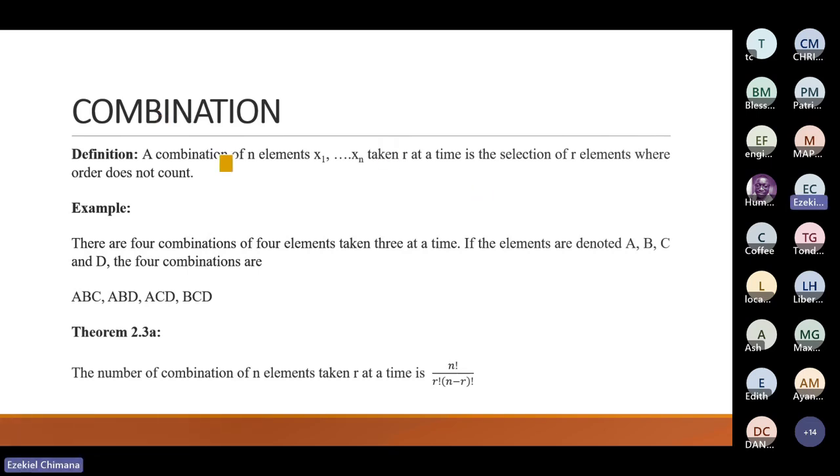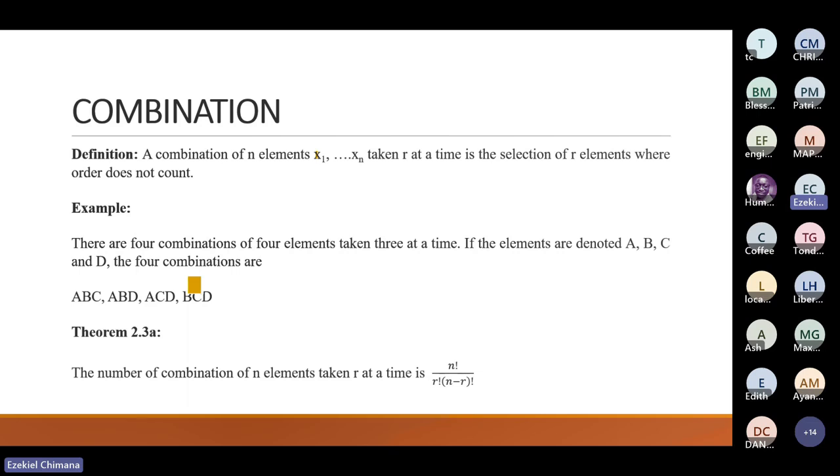So on combinations, by definition, a combination of n elements, from x1 up to xn, taken r at a time, is the selection of r elements where order does not count. We just want to combine the elements in any manner, but the order does not count.